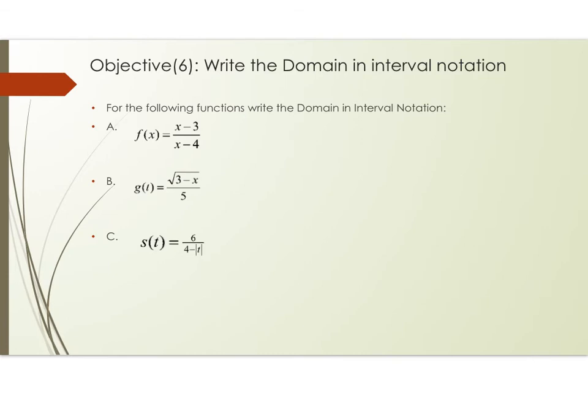So to write this in interval notation, we know that x can go in the negative direction up to 4, but it can't include 4, so we have to put the parentheses. And it can go after 4 up to infinity. So this is our domain for the first one.